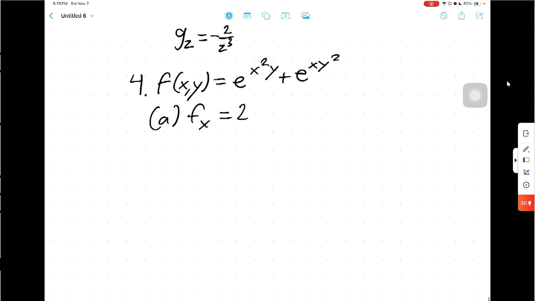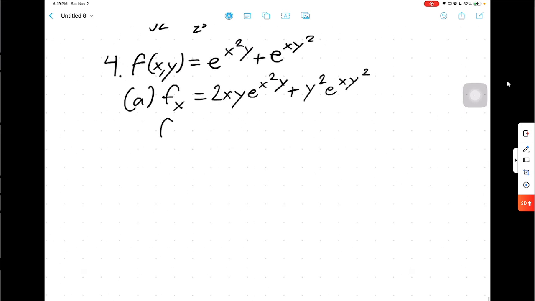This one is going to be 2xy e to the x squared y. It's another chain rule. And then we're going to have e to the xy squared, which is going to be y squared e to the xy squared. Another chain rule, because the derivative of xy squared with respect to x is y squared. F of y. Here we're going to have the same thing, x squared e to the x squared y, plus another 2xy e to the xy squared this time.